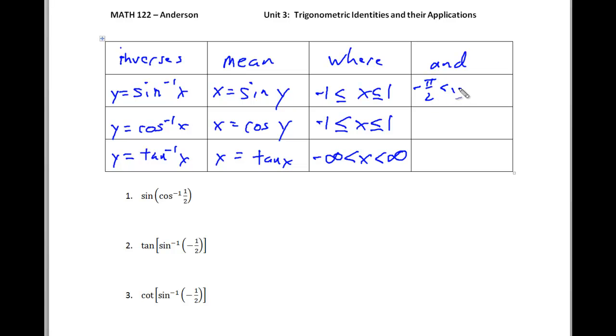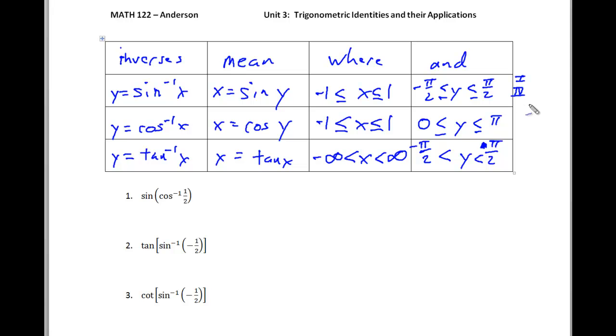Now, there's also boundaries for y, and these boundaries are very important because I set up my quadrant perspectives here. We will be looking at inverse sine and inverse tangent in the first and fourth quadrant. Sorry, that's a negative, and that's the positive here. We will be looking at cosine between the first and the second quadrant.